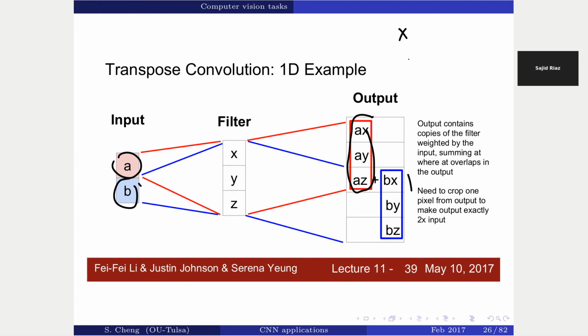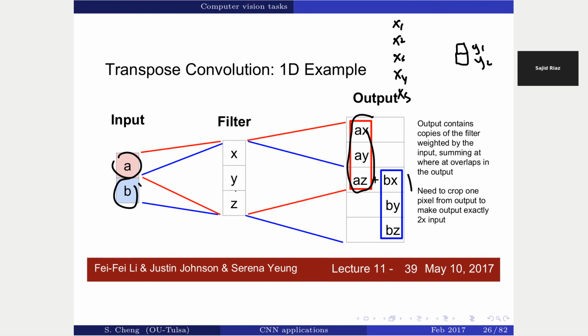Like if you have X, let's see, you have 5 values here, for example, and I have a filter. Let's say I have two values here as output, y1 and y2.